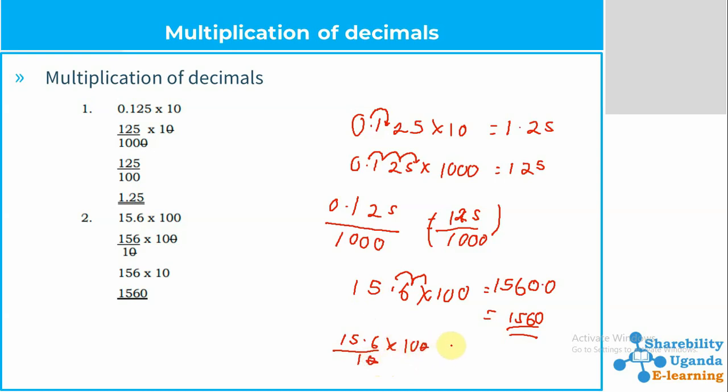So now it is the same as moving the point only one place, the same as here. So we get 156. It moves one point, you add a 0, and that becomes our number. That is how we are going to be solving.